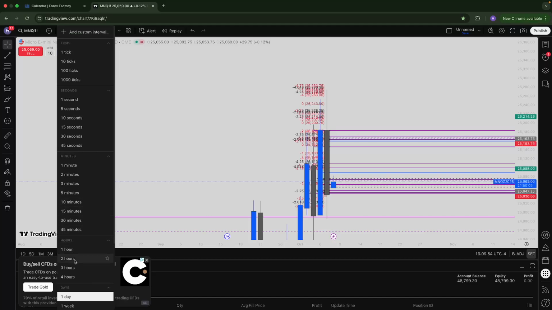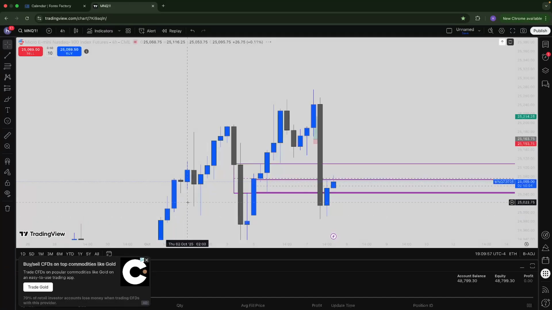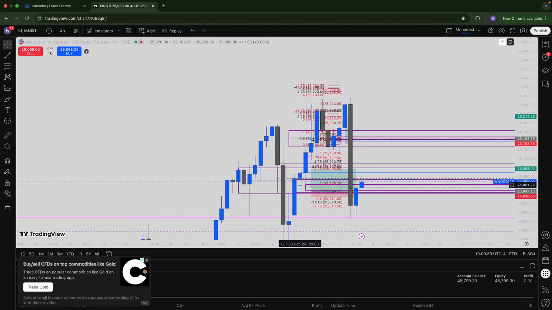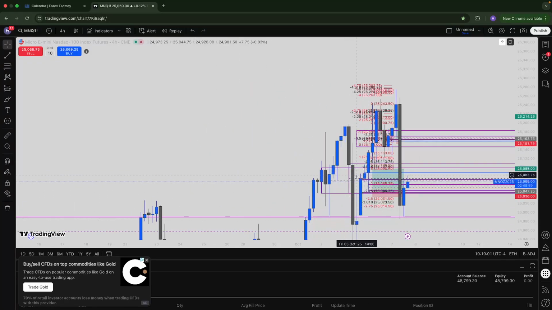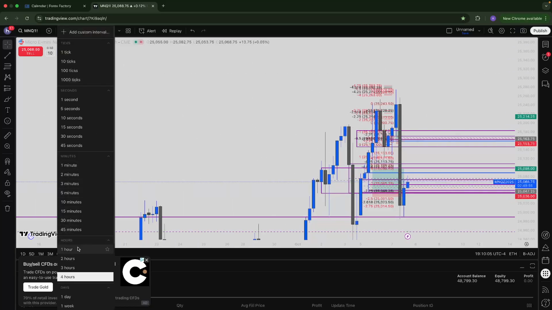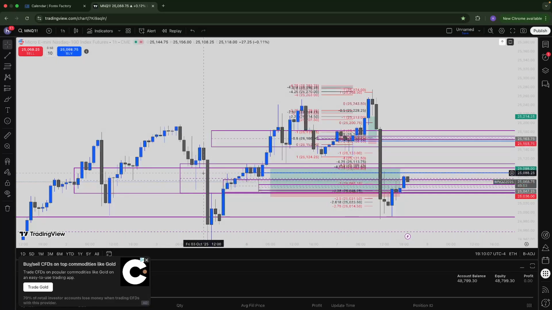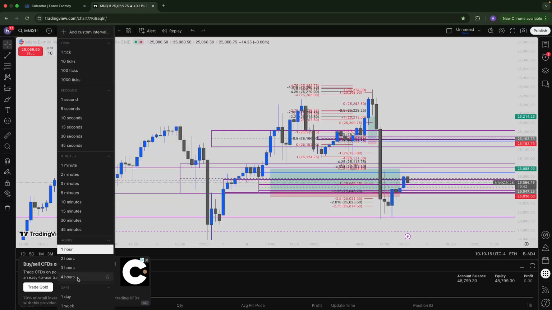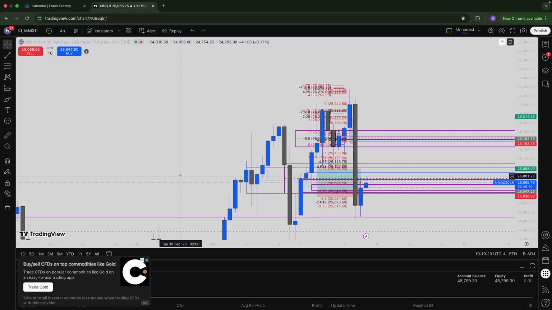And to go along with that, I also wanted to go in the midpoint of this 4 hour order block right here, as you see. And I also had this 1 hour inverse fair value gap that we could have tapped into. For the other trade, I had the 1 hour inverse fair value gap too, and I'm pretty sure there was a 4 hour order block for this one.